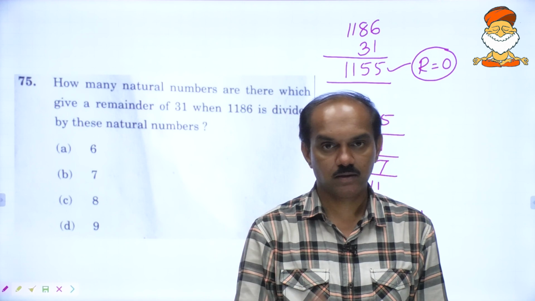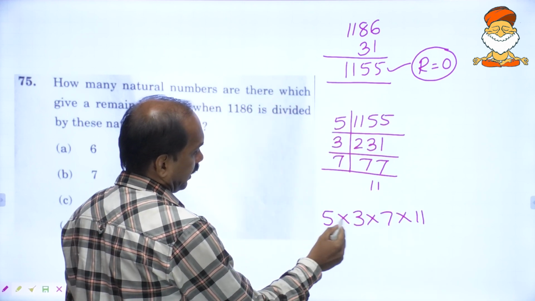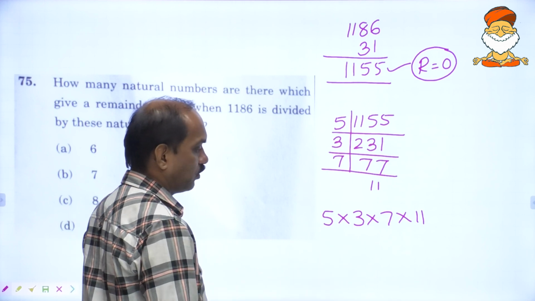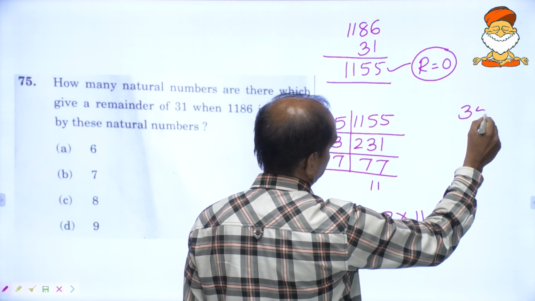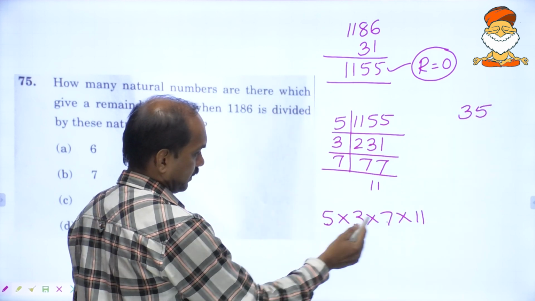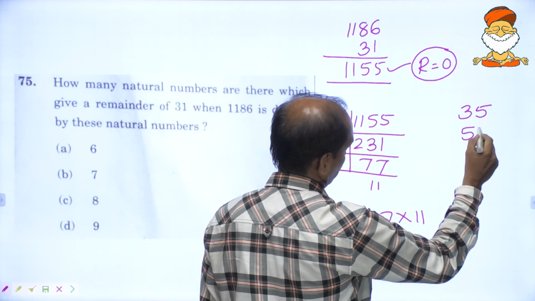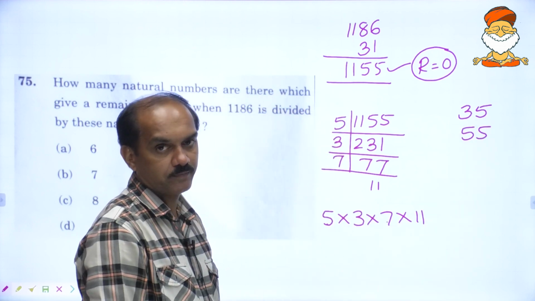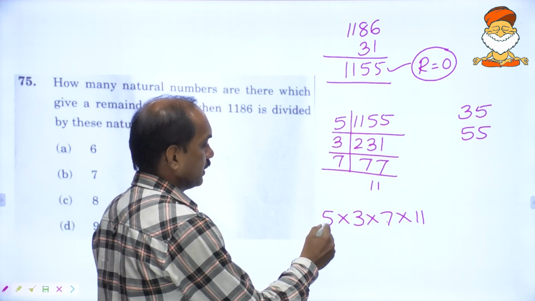Only then you can expect the remainder 31. So 5 and 3 will not work out. 5 and 7 will definitely work out, 35. 5 and 11 combination 55, no problem. More than 31. Wherever you come across more than 31, just pick them. So that is the end of 5.